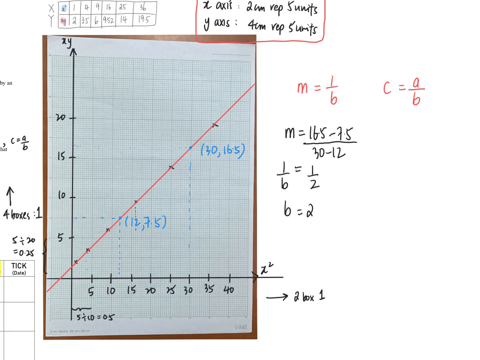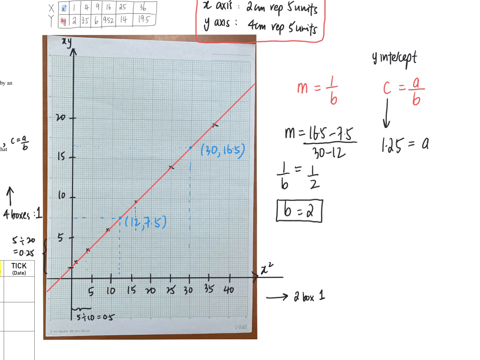Okay, so once you find your B value, next they want you to find A also. So this value comes from your y-intercept. So just go and read your y-intercept value from the graph, which is here. So let's take it to be 1.25. Okay, from my graph, it looks like 1.25.